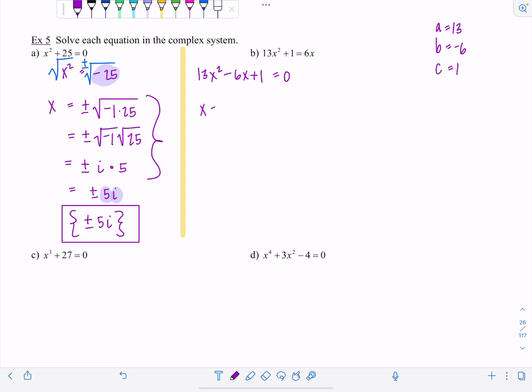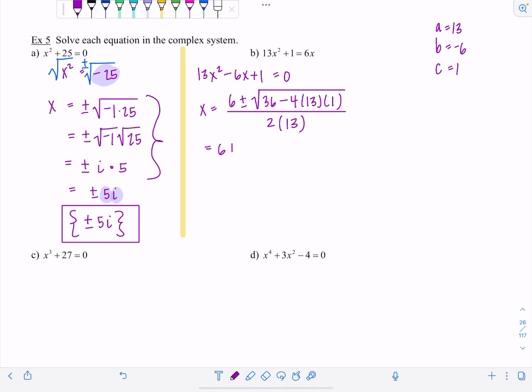So x equals the opposite of b, plus or minus the square root of b squared, which is positive 36, minus 4 times 13 times 1, all over 2a, so 2 times 13.